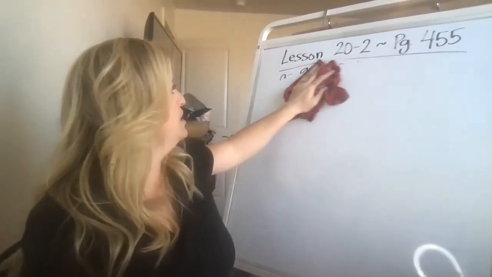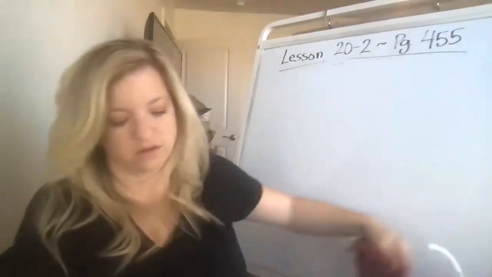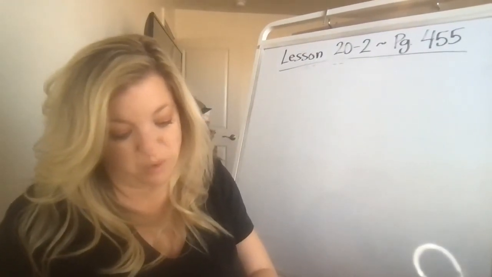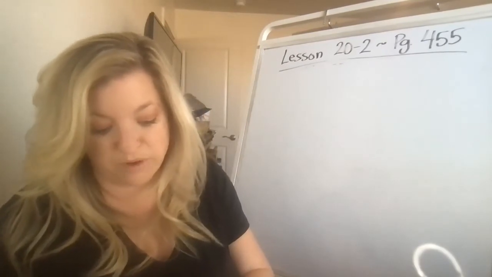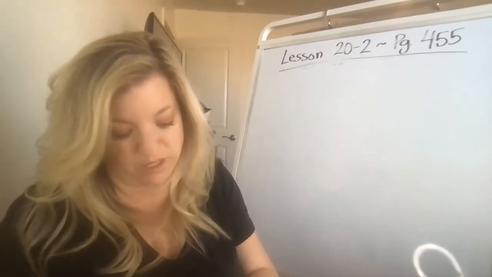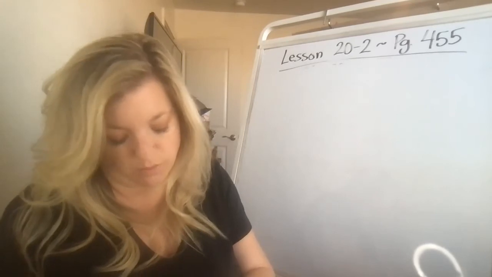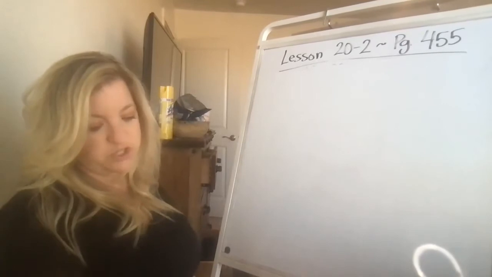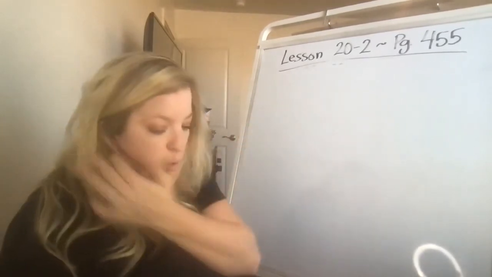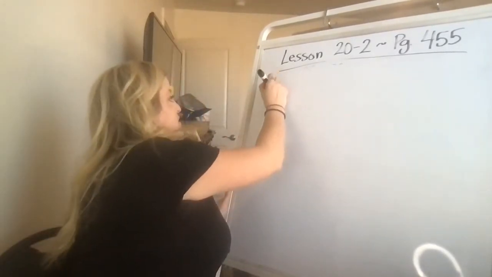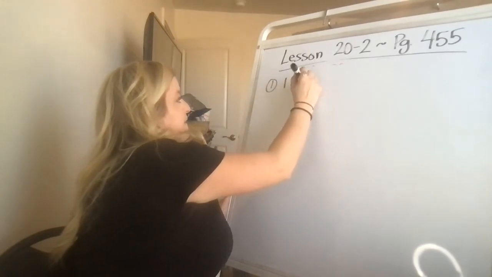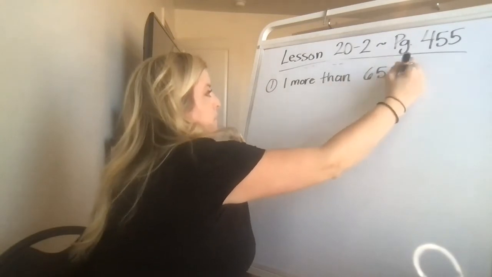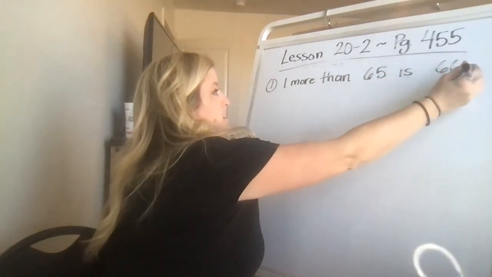So problems 1 through 4, it says in the example, count by ones, use the chart. 1 more than 80 is 81. 1 more than 87 is 88. Count by ones, 78, 79, 80, 81, 82. Now down below, it says fill in the blanks, use the chart for problem number 1. 1 more than 65 is 66.